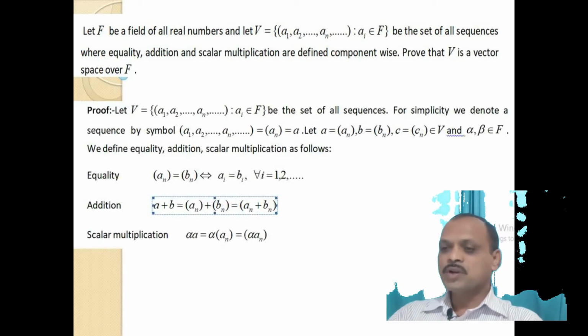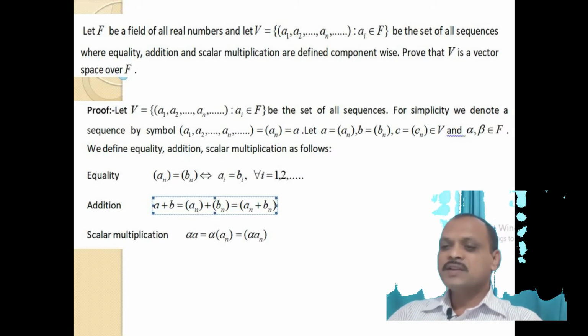We take three sequences A, B and C with respective elements An, Bn and Cn, the whole infinite sequence written in parenthesis.